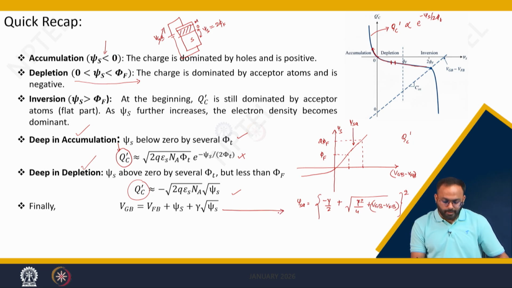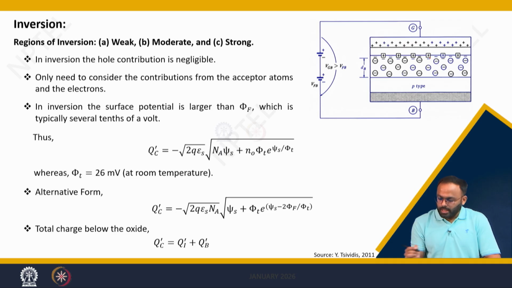Now let's see what happens if you increase the gate to body voltage in such a way that the surface potential increases beyond 2 phi f. In that case, the increase in gate to body voltage causes more positive charge on the gate, and hence your QG dash becomes more positive. As we have seen using the charge balance equation, the change in QG dash can be given as the change in QC dash in the negative direction.